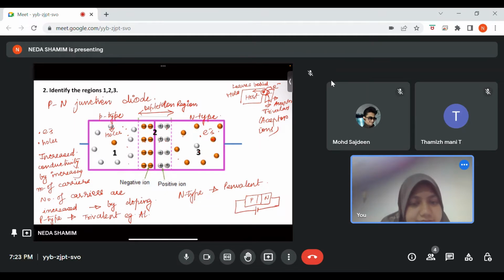I hope you understand the mechanism of a diode. I'm giving it a bias. Can someone answer? It's an easy question.